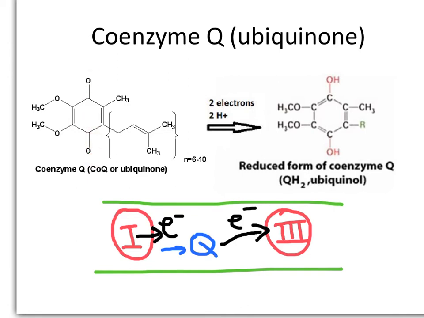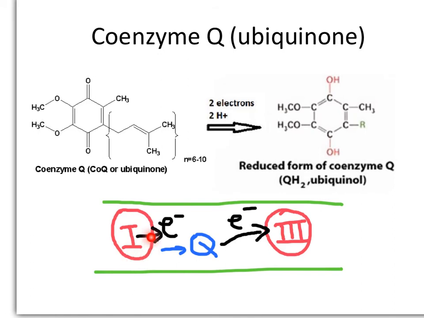These two ketone groups will be reduced to alcohol groups, so we will have 2 electrons and 2 protons added to the molecule of ubiquinone, becoming ubiquinol. This ubiquinol will send electrons, 2 electrons at a time, and then the electrons from complex number 3 need to go to complex number 4 by use of what are called cytochromes.